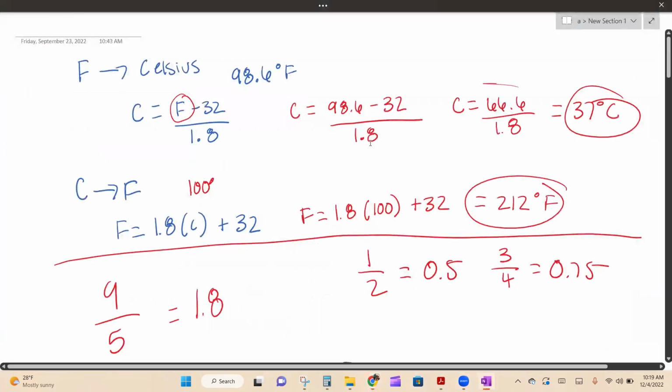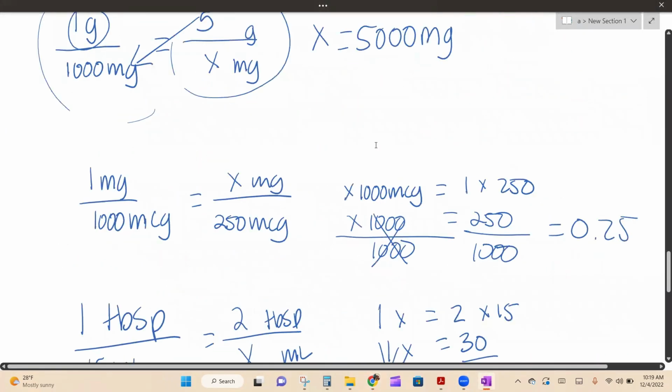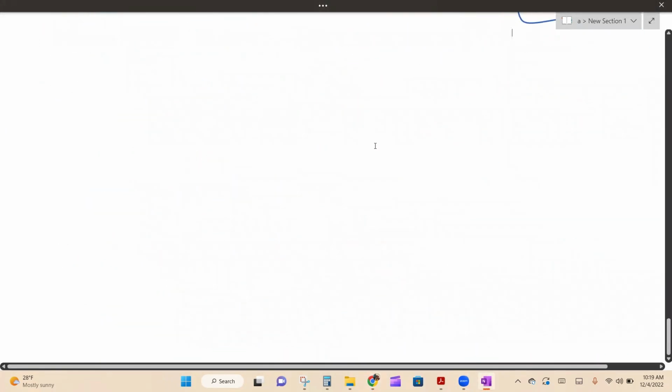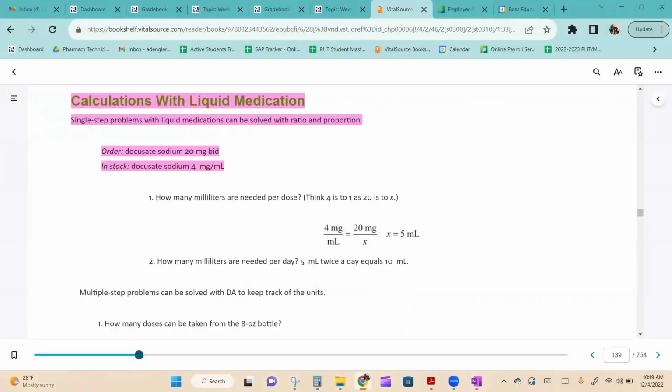So we're going to do a proportion. On one side of the proportion, we're going to put the strength of the medication, which was 4 milligrams per ml.